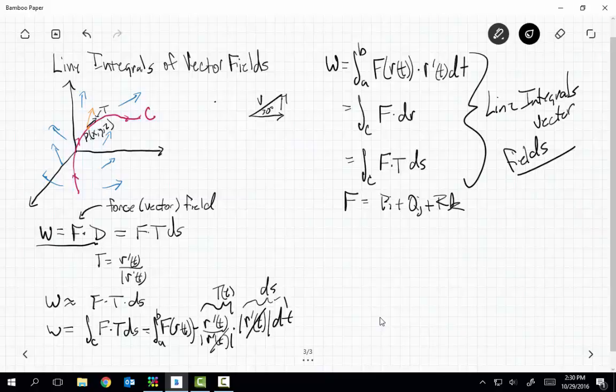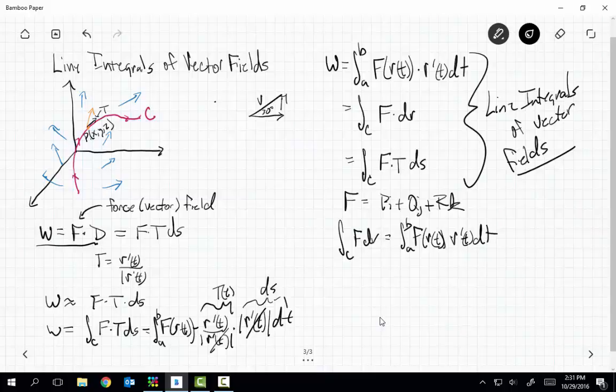All right, so given a vector field, P i plus Q j plus R k, we've seen these before, we're not afraid, and the fact that these line integrals of vector fields can be written as, well, I'm going to do F dot dr, which is just this guy, right? This is equal to the integral from a to b of F of r of t dotted with r prime of t dt.